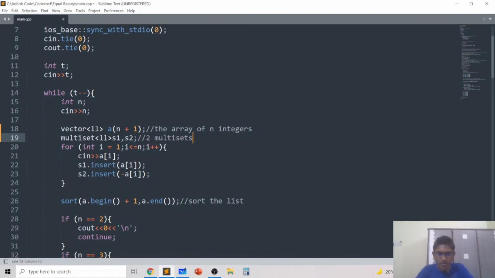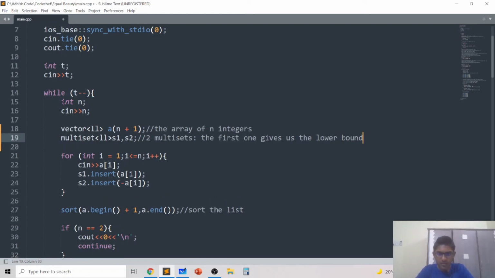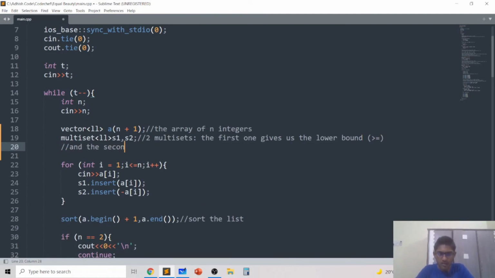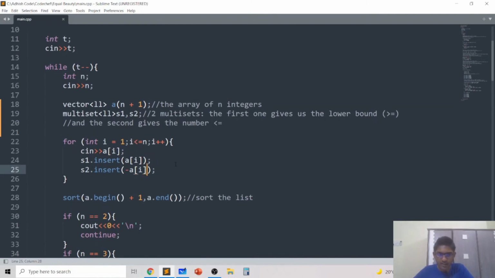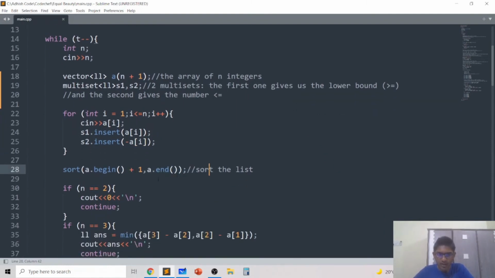The first one gives us the lower bound, which is basically greater than or equal to, and the second one gives the element less than or equal to the particular value which we are searching for. Then I take in the input array a and insert ai into multiset 1 and negative of ai into multiset 2. Then I sort the array of n integers.